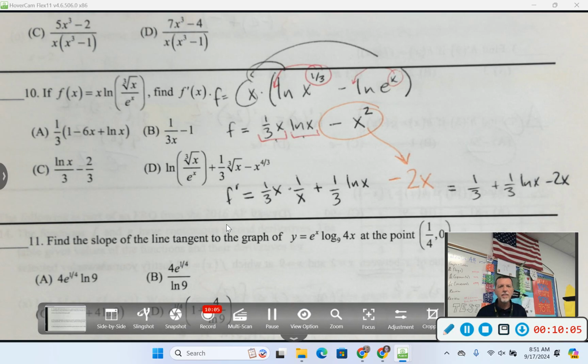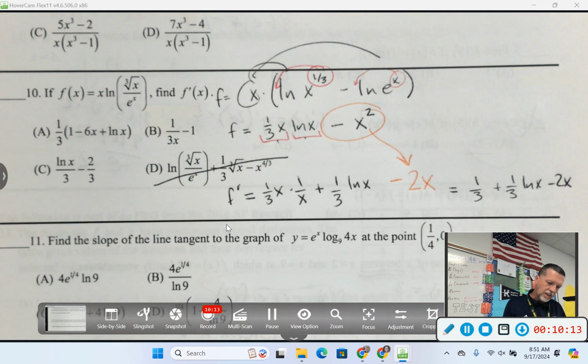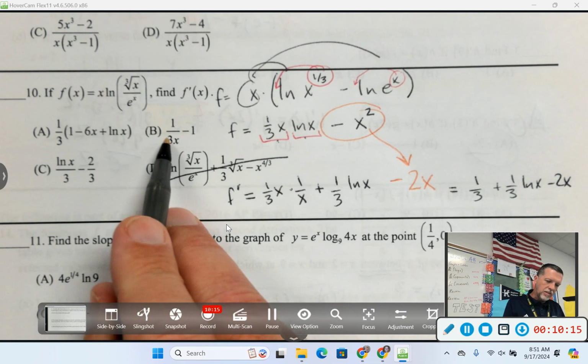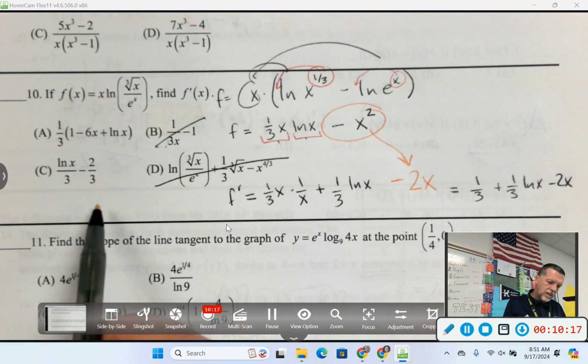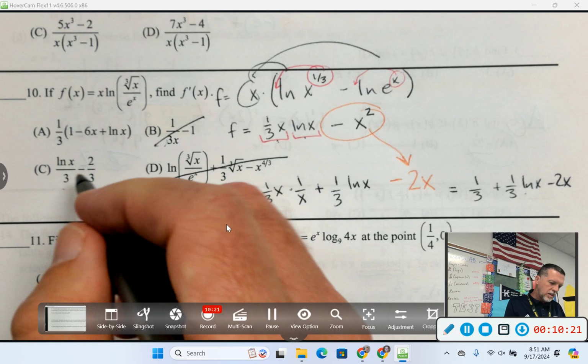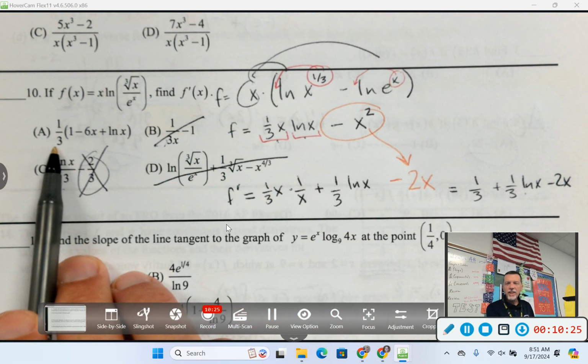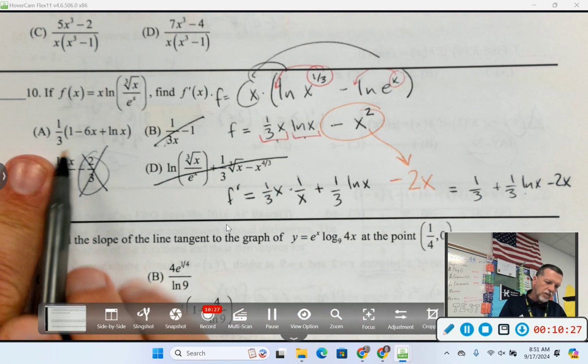Now that doesn't look exactly like any of my answer choices, but I definitely don't have any of this. That looks crazy. B's not right. C's got a natural log x over 3, but the minus 2/3 isn't there. A looks funny, but they factored out the 1/3.